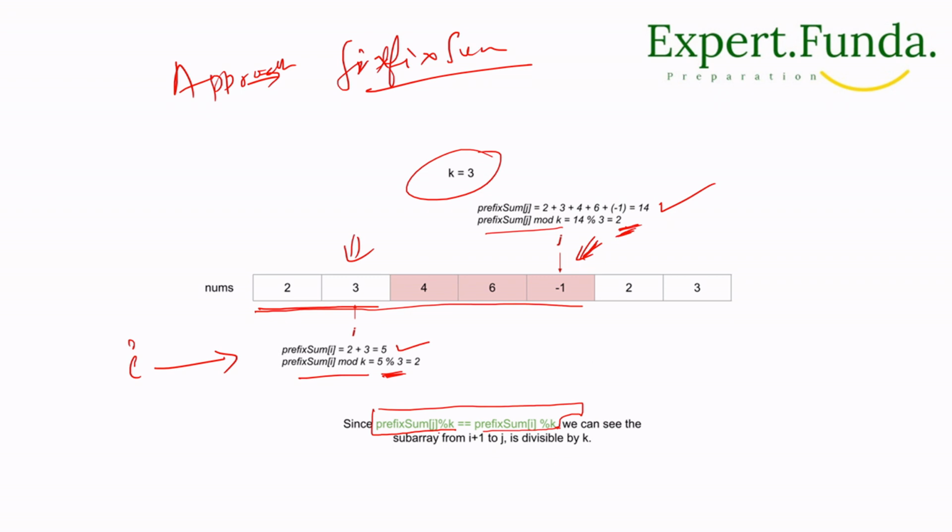So if they are equal, we can say that the subarray from i plus 1 to j, the shaded area, is divisible by k. This is the i position, so i plus 1 is this position, correct? So i plus 1 to j is divisible by k if both prefix mods are equal.